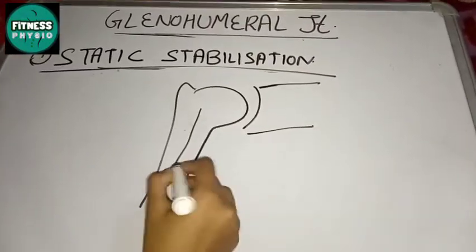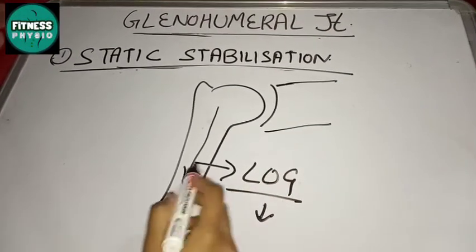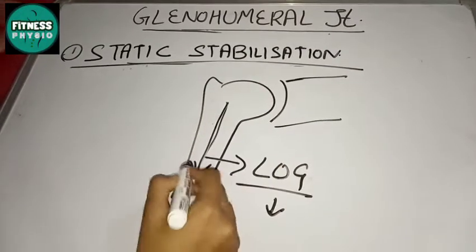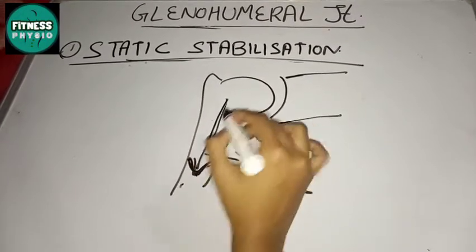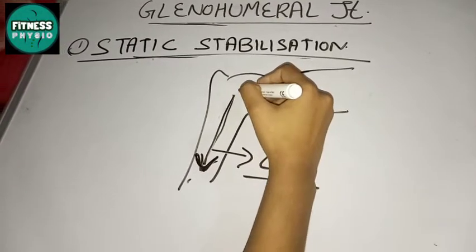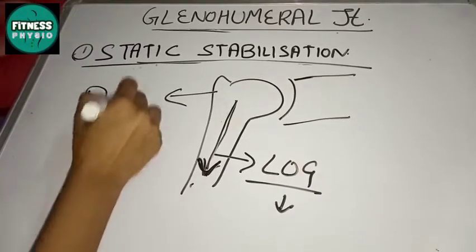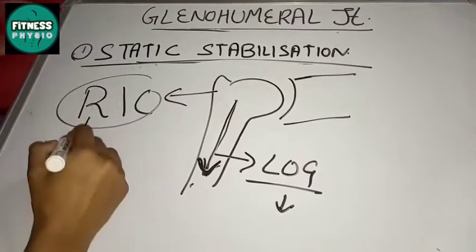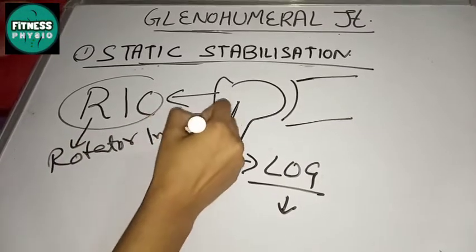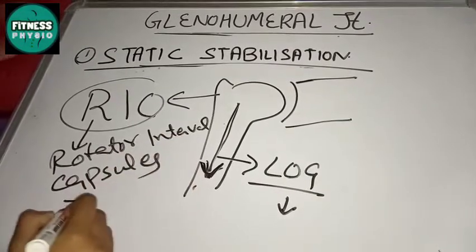This is your line of gravity in downward direction because of gravitational force. So this is your downward pull. Now there must be something providing the upward pull. The structure is your capsuloligamentous structure, which is your RIC, rotator interval capsule.